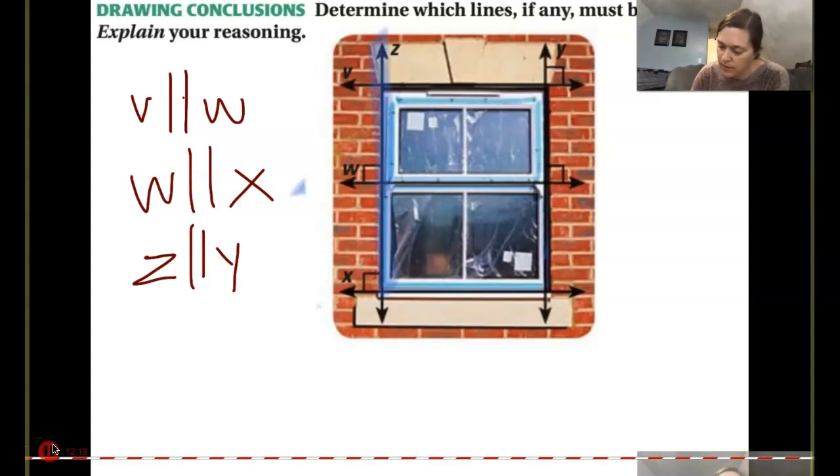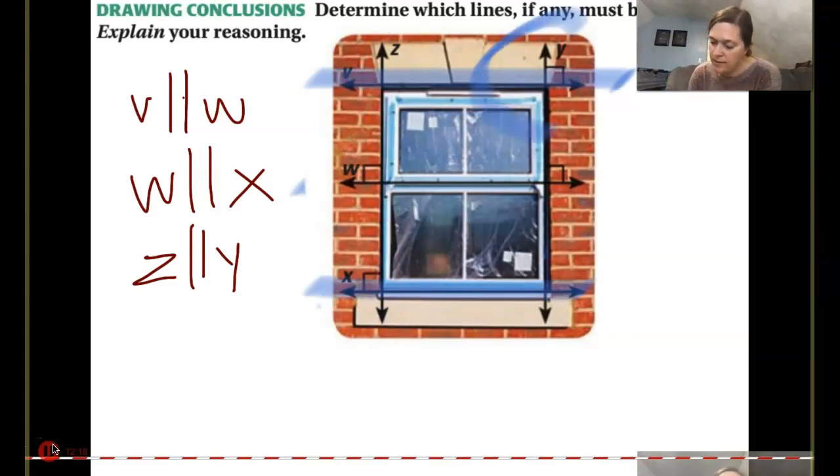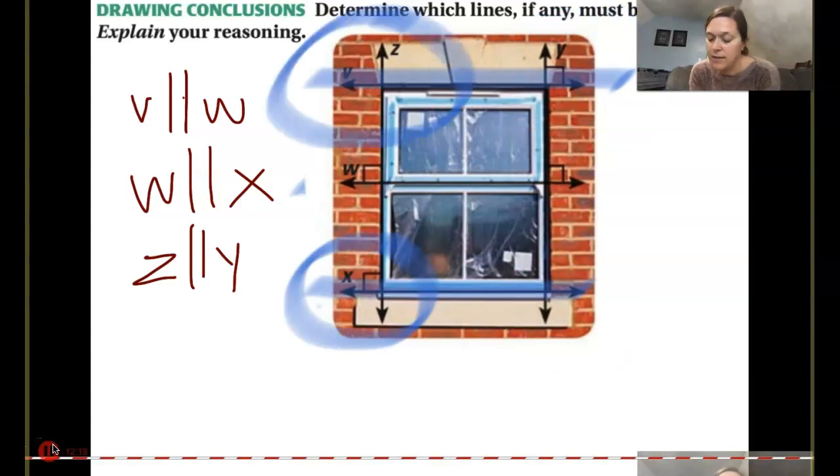V is perpendicular to Y, but X is not perpendicular to Y. And X is perpendicular to Z, but V is not perpendicular to Z. So those would not be parallel to each other.